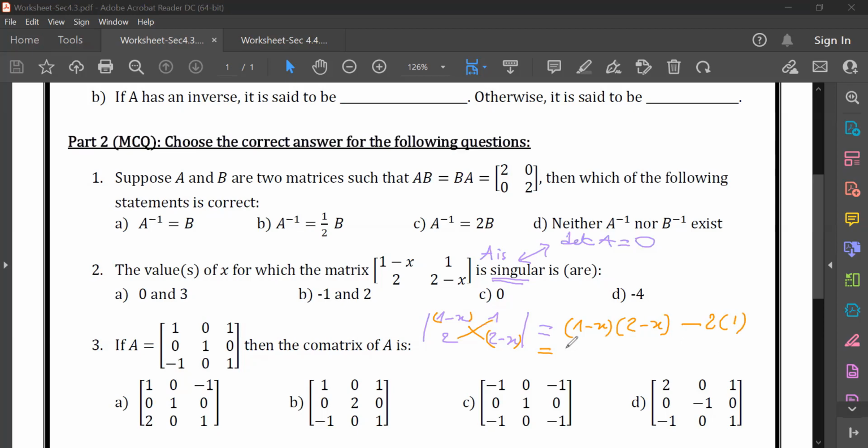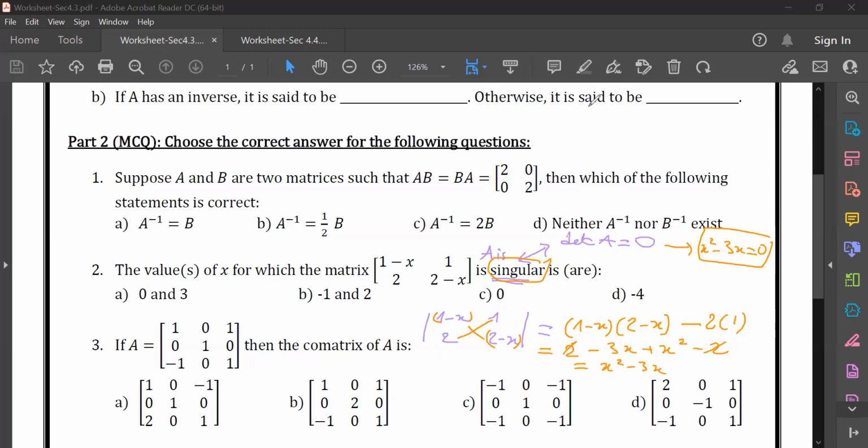We distribute: 2 minus 3x plus x squared minus 2. We simplify, we get x squared minus 3x. This is the determinant of this matrix, and we want the determinant to be 0. This gives me an equation: x squared minus 3x is 0. So this matrix is singular when x squared minus 3x equals 0.